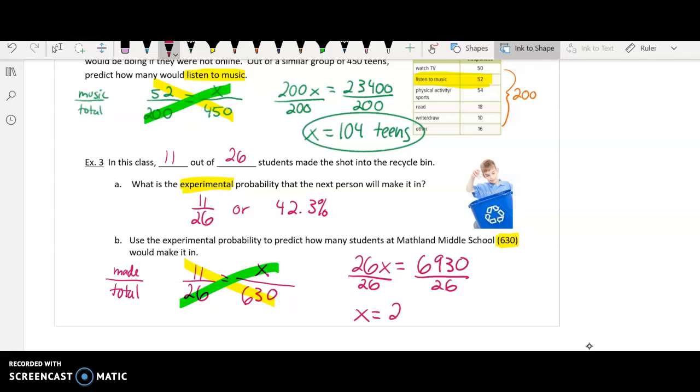And I end up getting about 266.5, so we'll round to 267 students are predicted to make the shot. Now, this is just a prediction based on what has already happened in our class. So here are a couple examples on the difference between experimental and theoretical probability and using those probabilities to predict future outcomes.